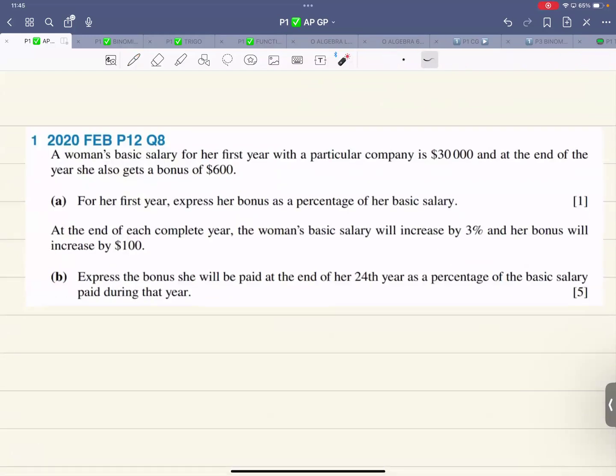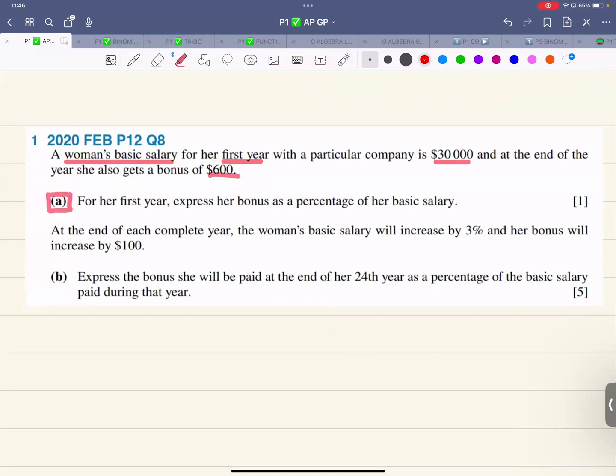The first question says a woman's basic salary for the first year with a particular company is $30,000. Let's underline it. Basic salary, first year is 30,000. At the end of the year, she also gets a bonus of $600.